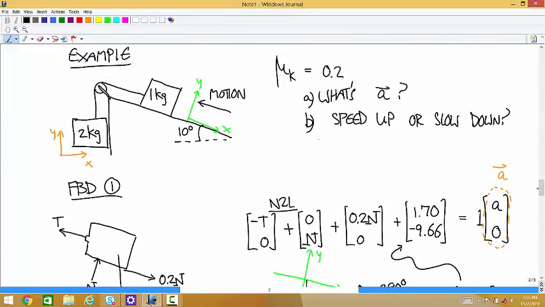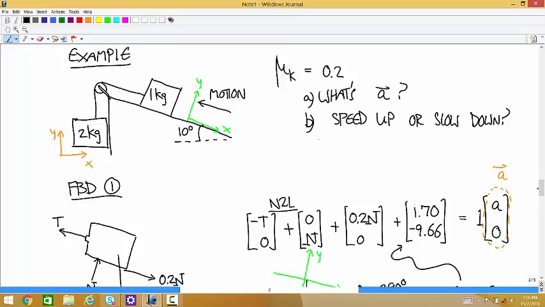Because these two things are connected by that cable, the motion of one determines the motion of the other. If you take that 1 kilogram mass and move it an inch down the ramp, this goes an inch up, right?